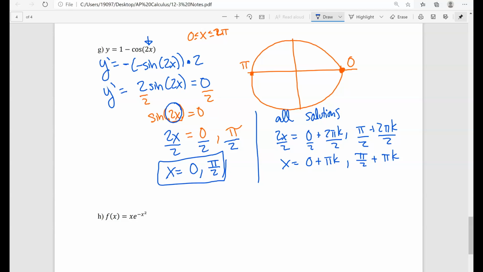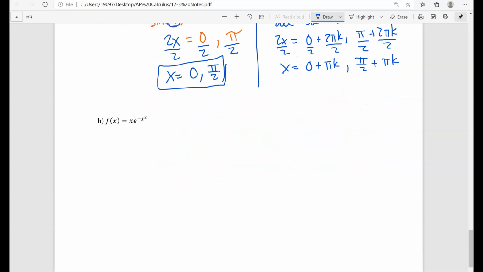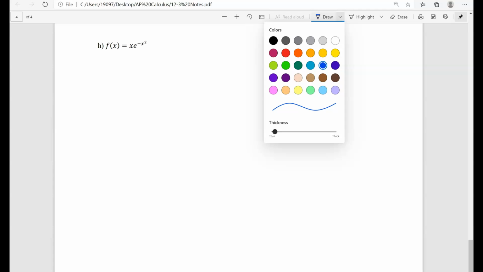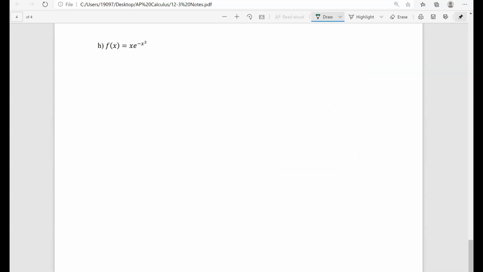Okay, and now let's do our last example. So now we have something with an exponential. So let's take the derivative of this. Notice that we have to use the product rule because there's two different functions. So f prime of x is going to be equal to the derivative of x, which is just 1. We leave the second one by itself. Plus, now the derivative of the second guy.